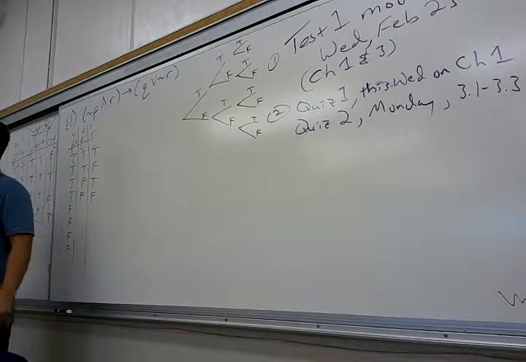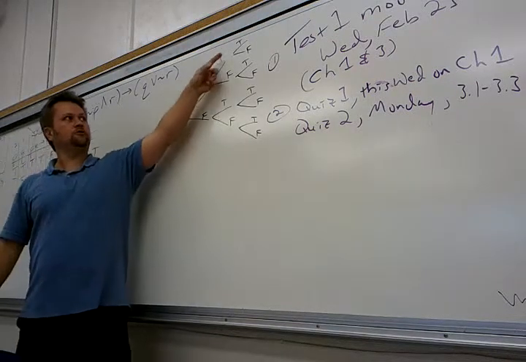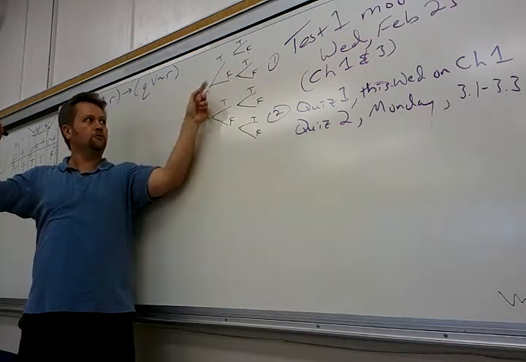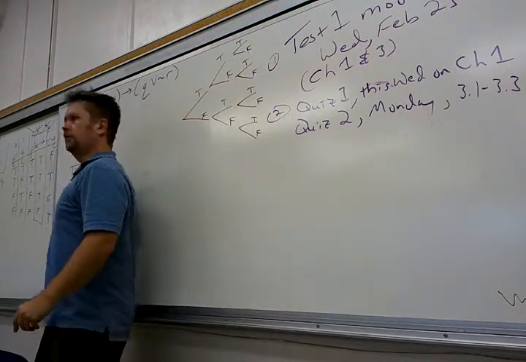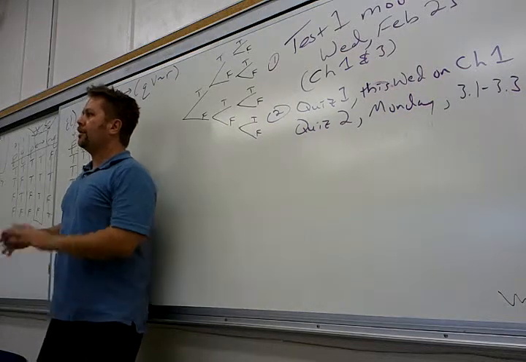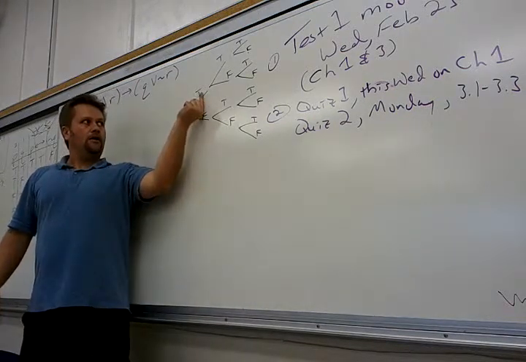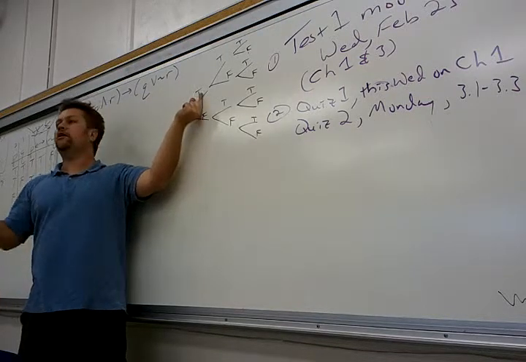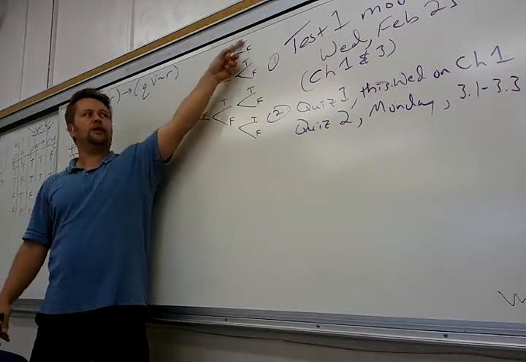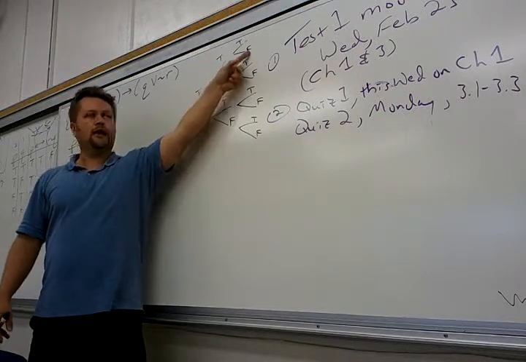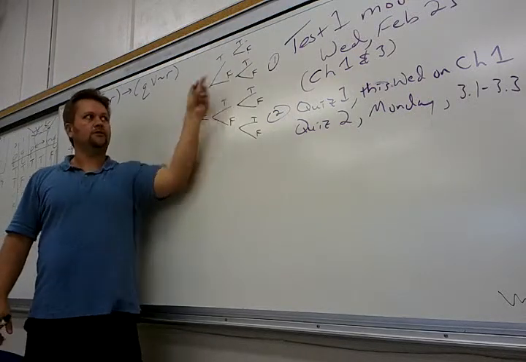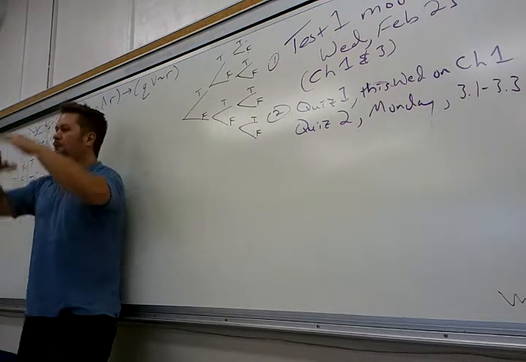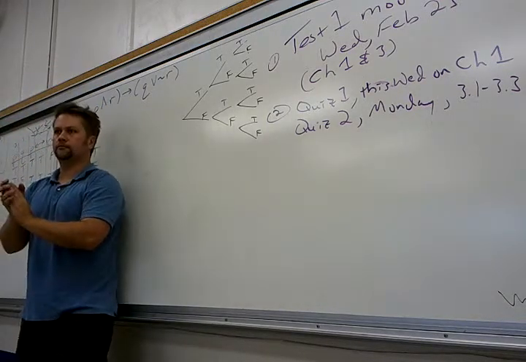Read it off: true, true, true; true, true, false; true, false, true; and so on. That way I don't miss anybody. If I flip a coin 3 times, it could be tails, tails, tails, or tails, tails, heads, or tails, heads, tails, or tails, heads, heads. That's just a way of organizing it so you don't miss anybody.